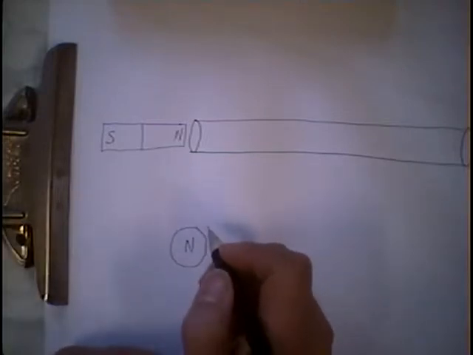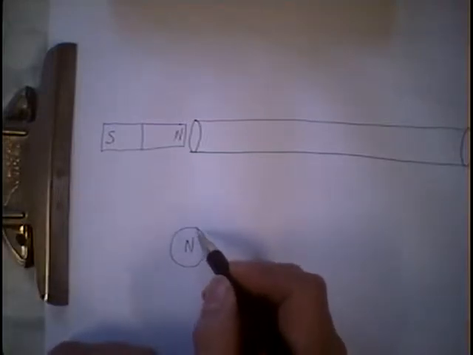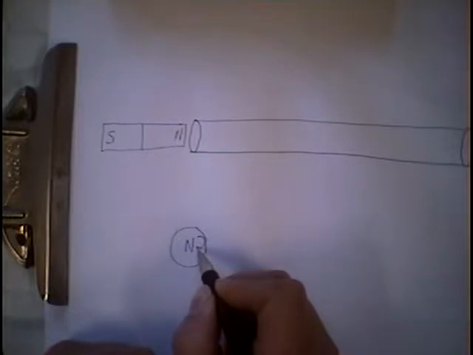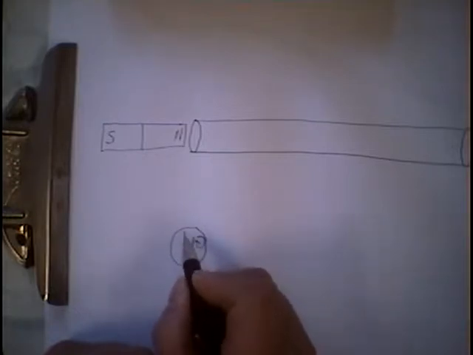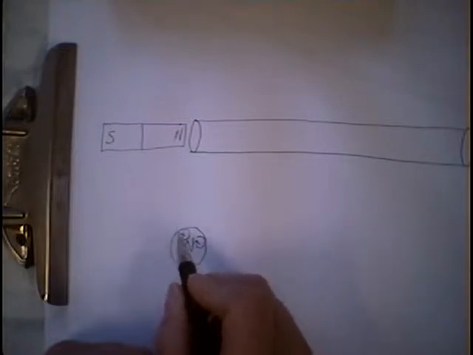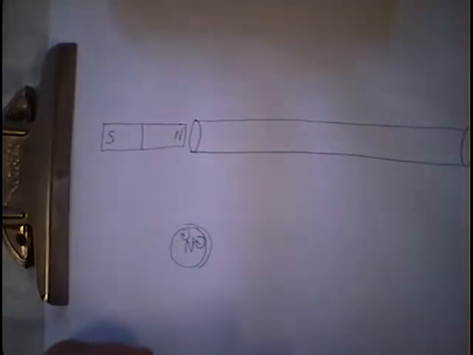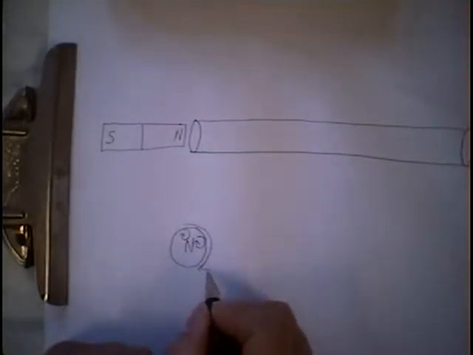The electrons in the atoms are all going this way, which would be clockwise. So they all produce an overall wave that shoots clockwise, like this.